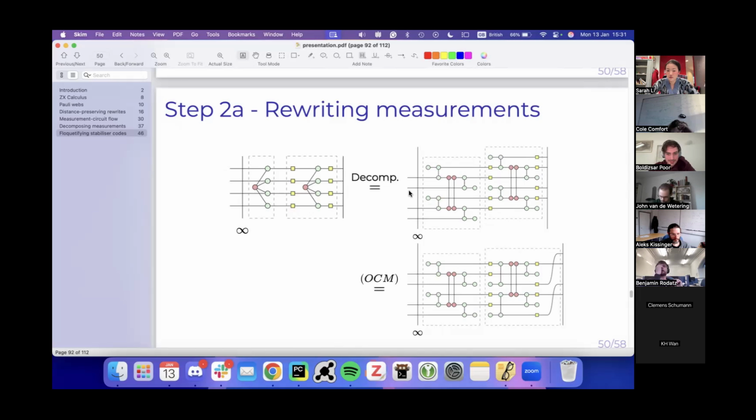I think distance-preserving rewrites more generally can be stretched a lot further: I have this linear map, I want to implement it, how could I possibly do it? If somehow, distance-preservingly, I can synthesize a new circuit, I can do quite a lot with it. So we're currently also thinking about logical state preparation and other things.